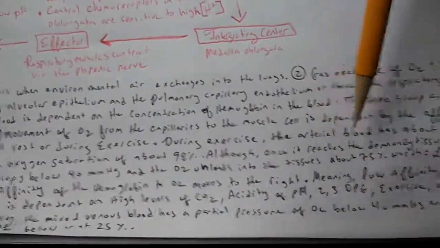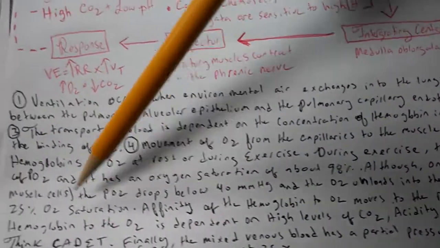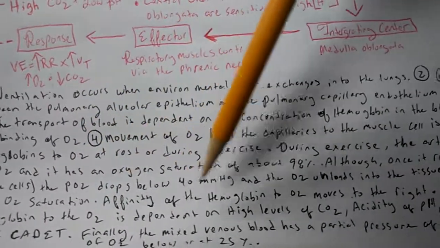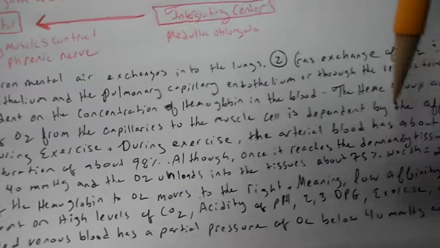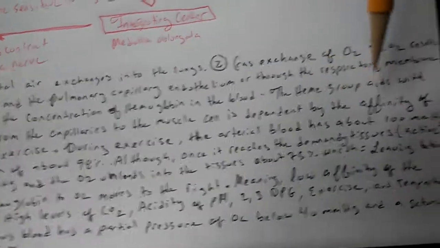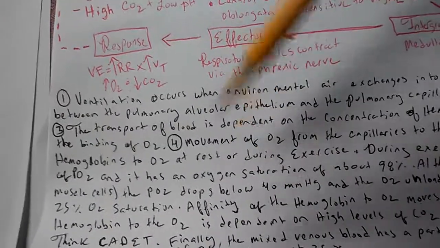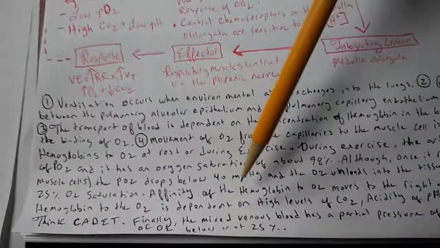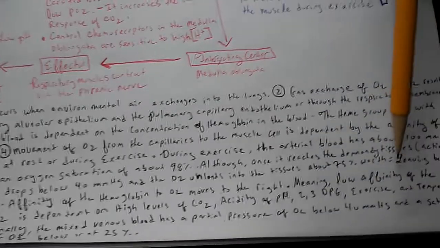Once it reaches the demanding tissues or the active muscle cells, the PO2 drops below 40 millimeters of mercury, and the O2 unloads into the tissues about 75% worth, leaving behind 25% of oxygen saturation.